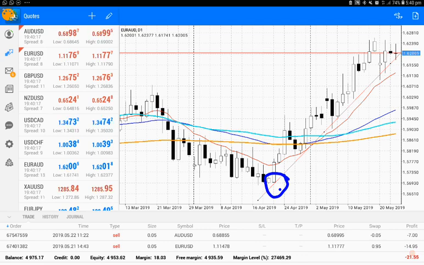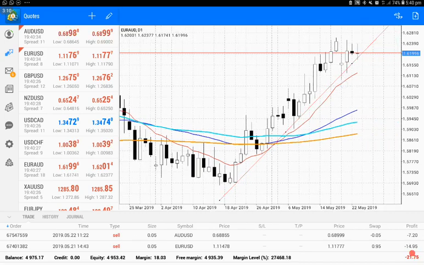So I would just adjust it a bit to move it to the base of the last candle. Okay, so now it's at the base of the last candle. So you can see the base of the first candle and the base of the last candle.